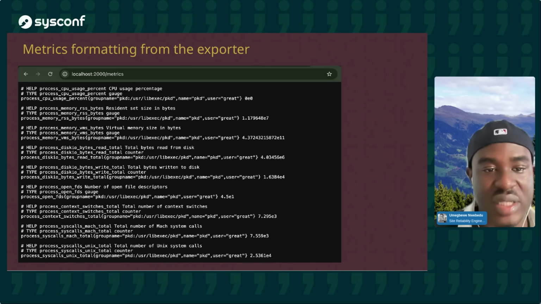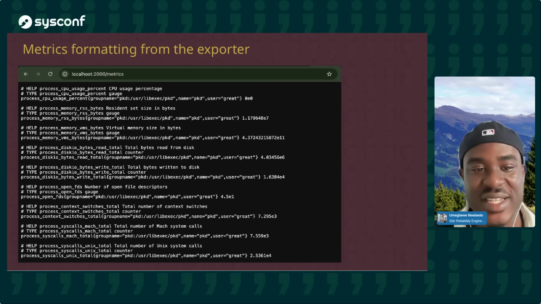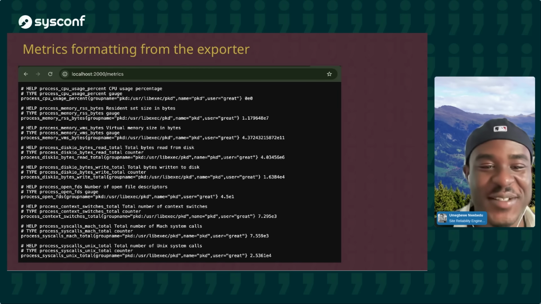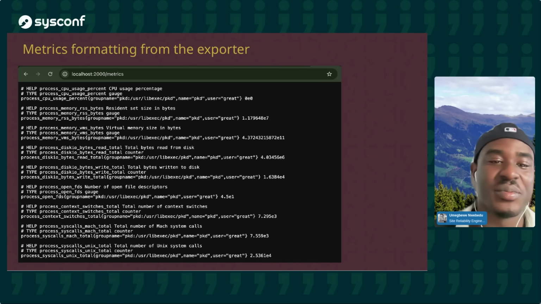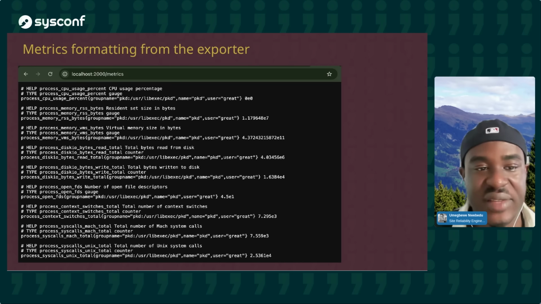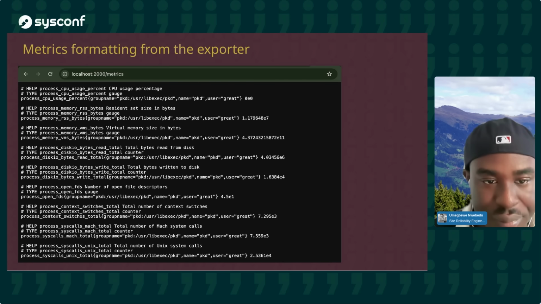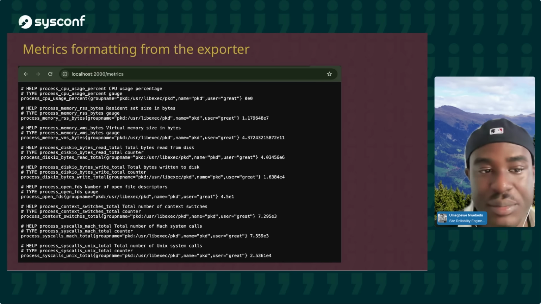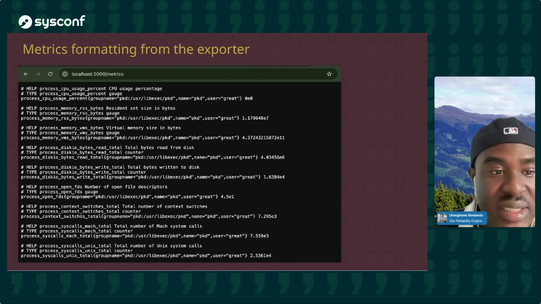And then we also added another label, which is who is the owner of this process. As you can see, Great owns this process. And the numeric number you see right there is the value at that current point in time. So we could see that memory RSS bytes was around 11 MB at that point in time.